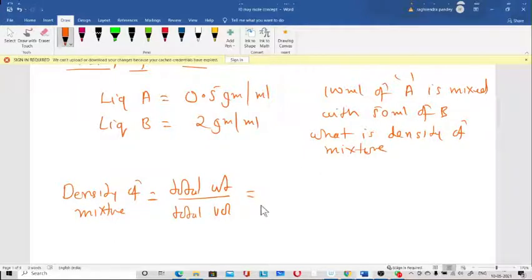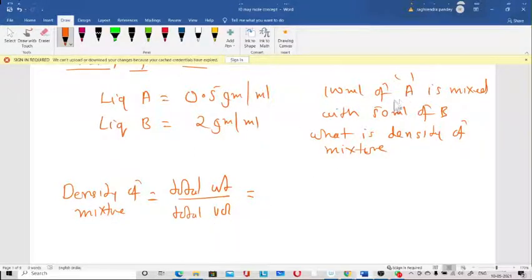Any doubt in that? Please ask. What I told you is that total weight means weight of A in 100 ml of A plus weight of B in 50 ml of B, divided by the total volume, 150 ml.